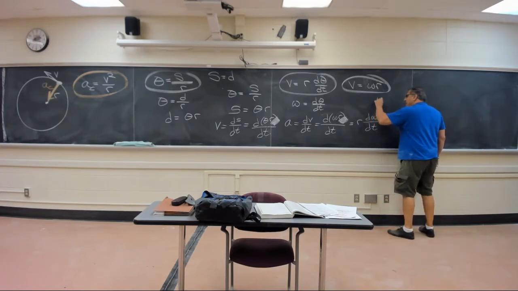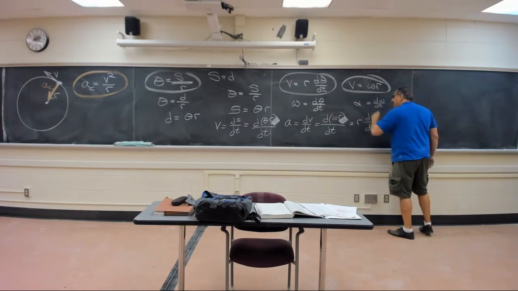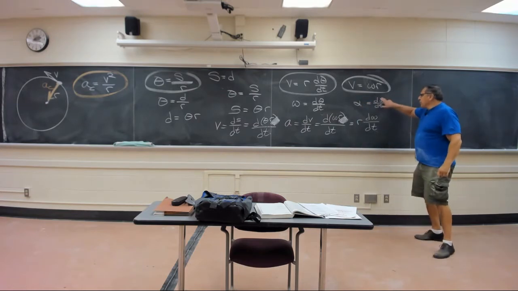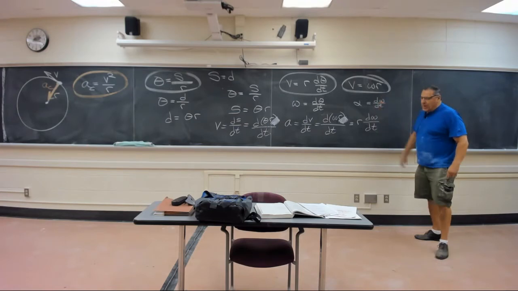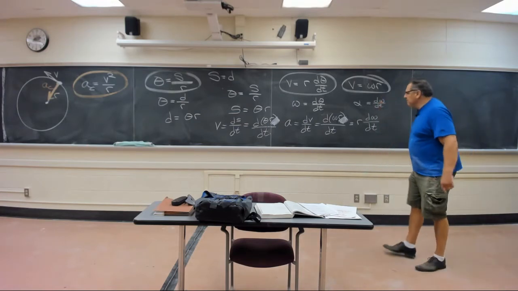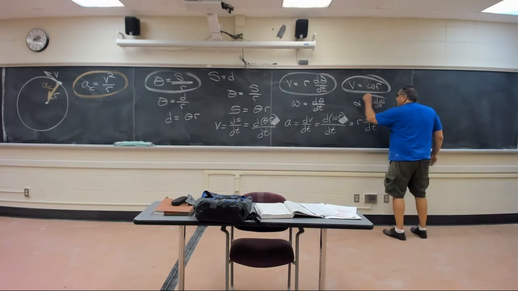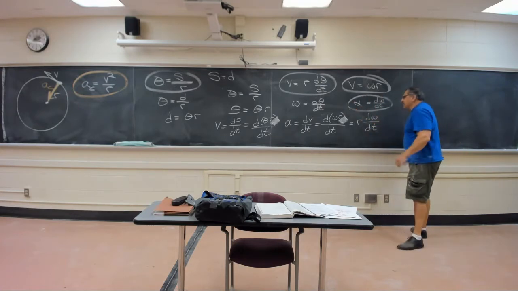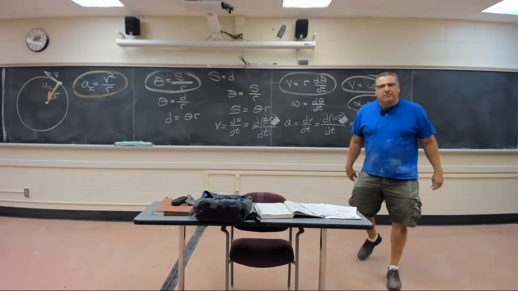This d omega/dt, the change in angular velocity in radians per second, is radians per second divided by seconds, radians per second squared. They call that alpha. Alpha looks like A, but they use the Greek letter alpha for angular acceleration.